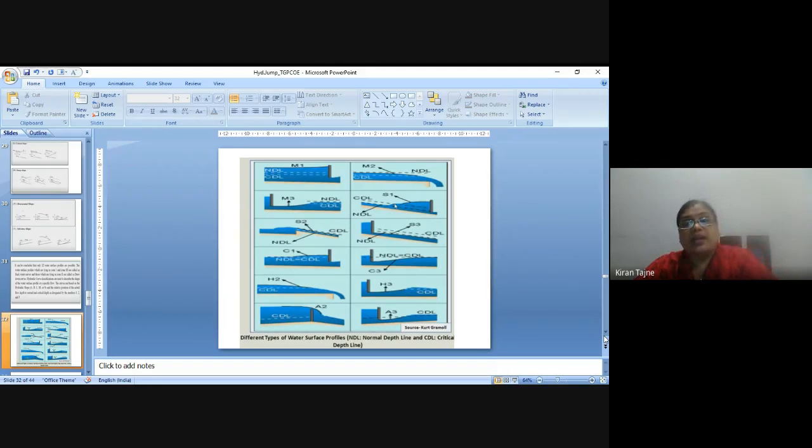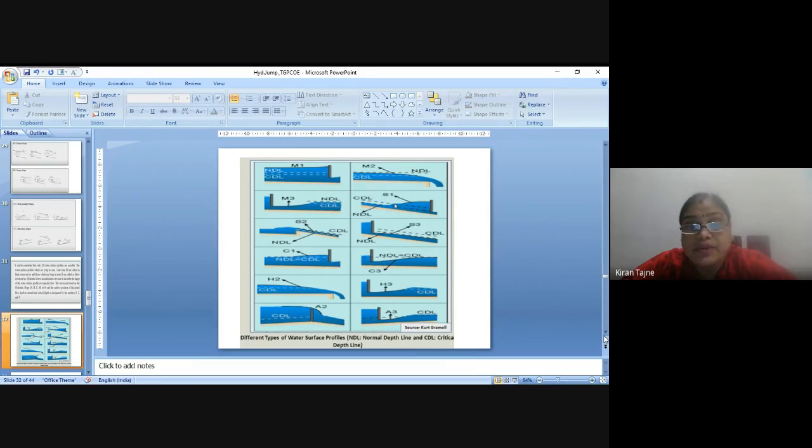Here you can see the different types of water surface profiles: normal depth line NDL, and CDL is the critical depth line. I have compiled the same here. For M1, M2, M3, for mild slope, we get all three profiles. For steep slope also, we get three profiles.